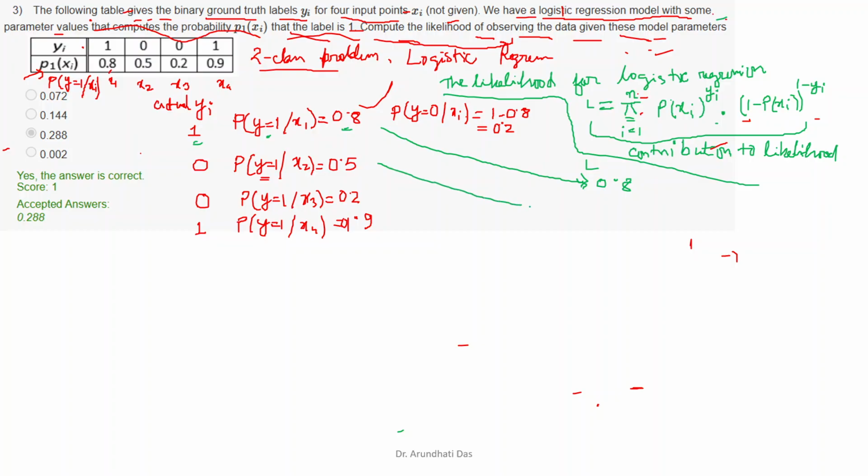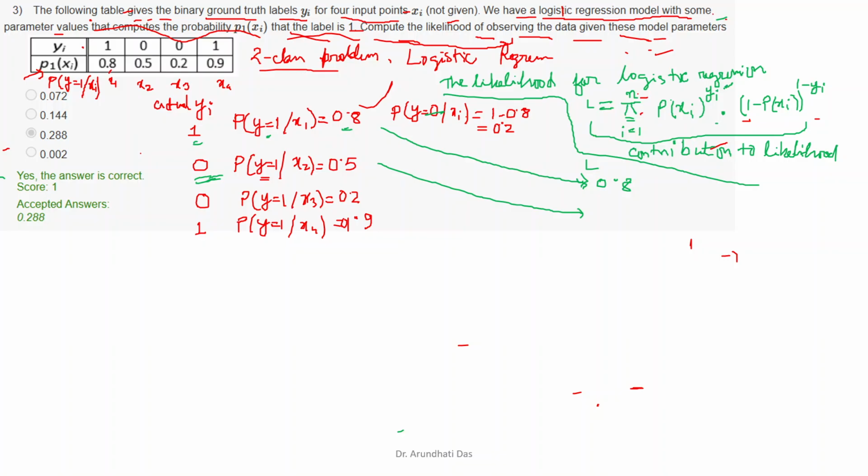But for the second data point, what will be the contribution to likelihood? Here you can see that the actual class label is 0.